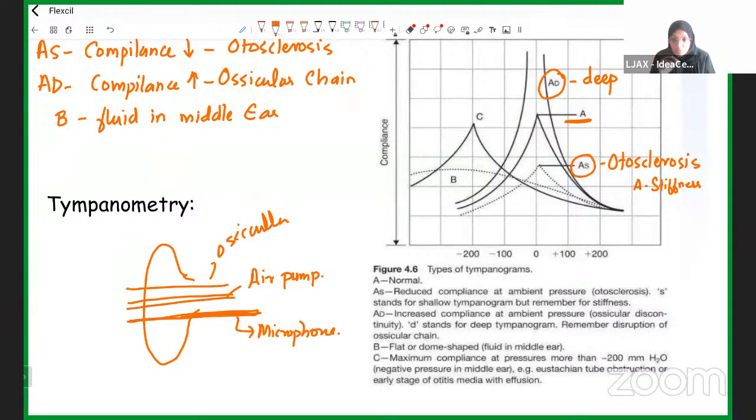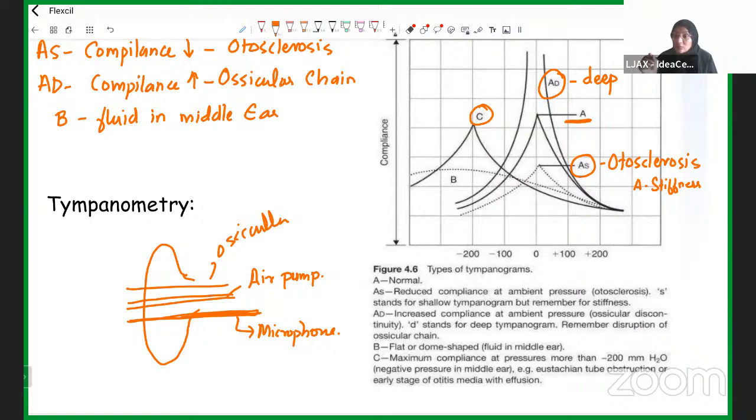So B is where the fluid is in the middle ear. It shows the impression of the fluid in the middle ear. Now coming to C, it is maximum compliance. So we have a decreased compliance, we have increased compliance, and we have maximum compliance. Maximum compliance of the ear means that you have to put the pressure more than 200 mm H2O.